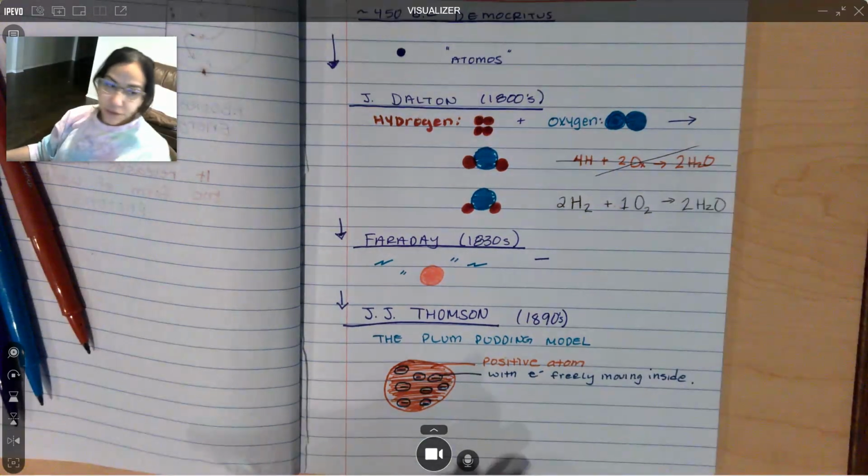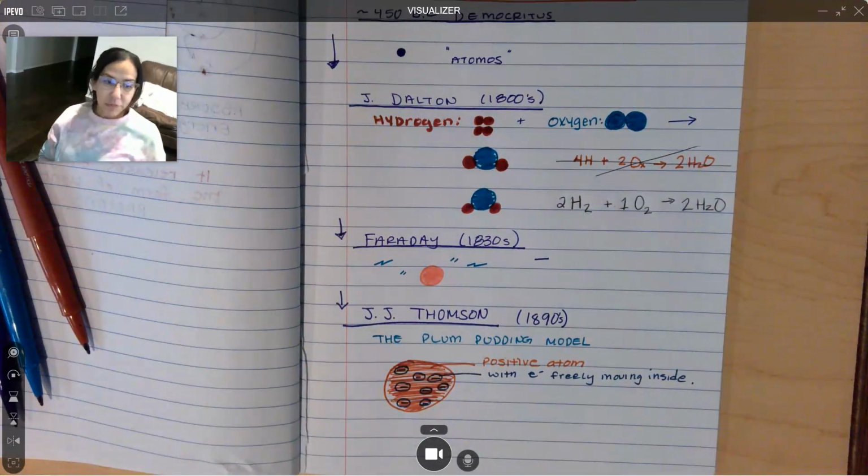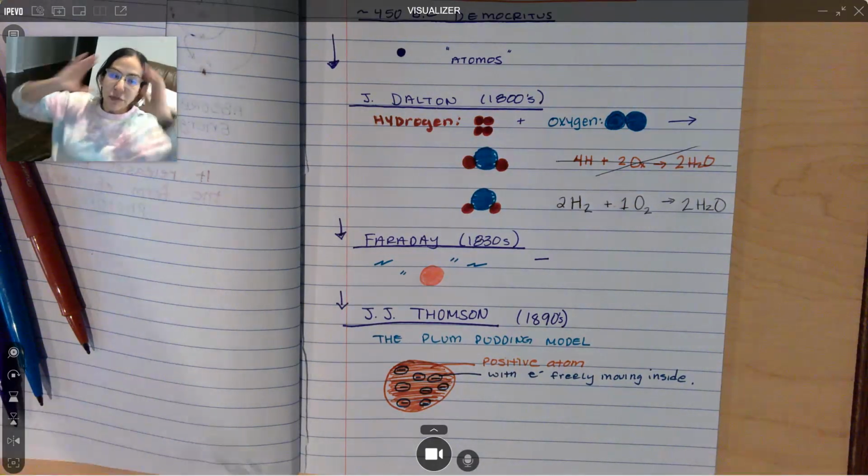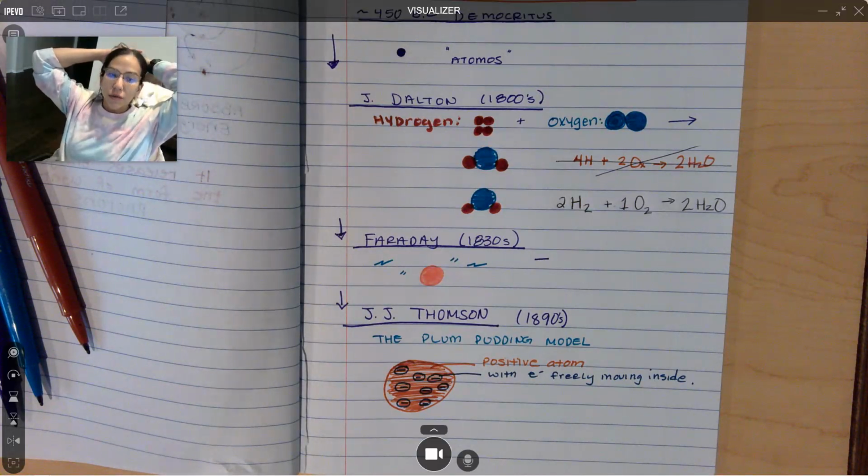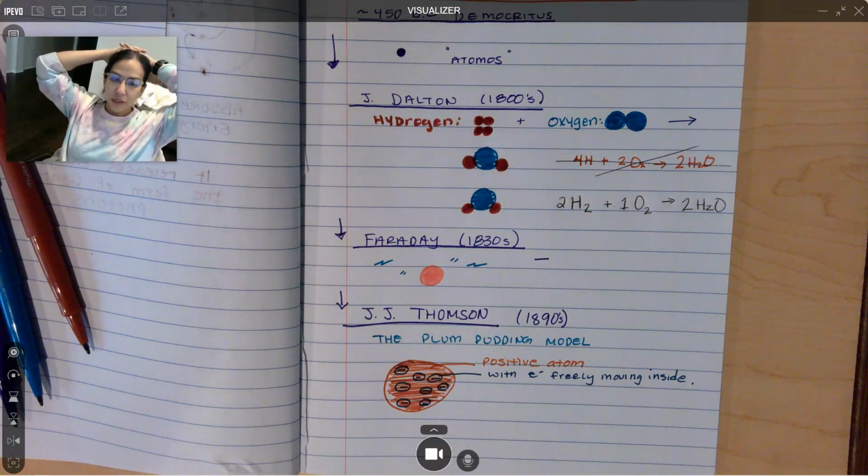Okay, so J.J. Thomson's plum pudding model. Now, J.J. Thomson's plum pudding model led to, which one did it lead to? Millikan's discovery, and Millikan's discovery was still with the charge of the electrons.